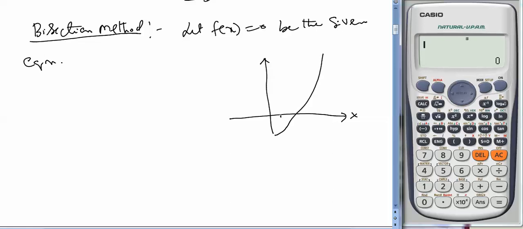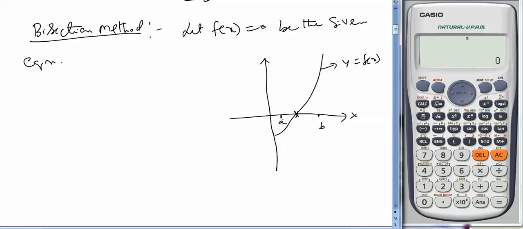This is point A and this is point B. This is the curve y equals f(x). Using the intermediate value theorem, we can easily find the location of the root: the required root lies between A and B.